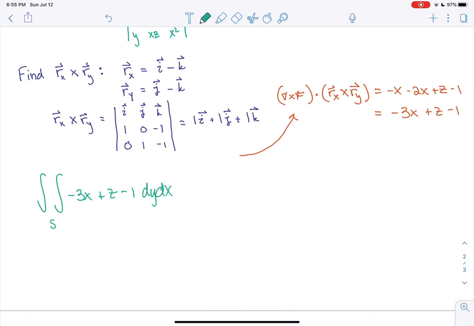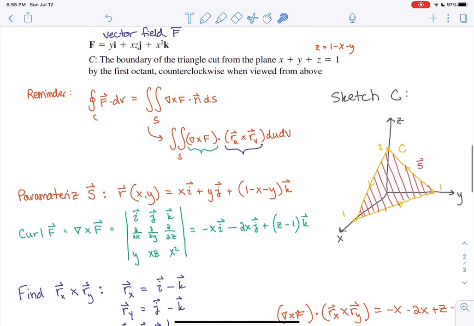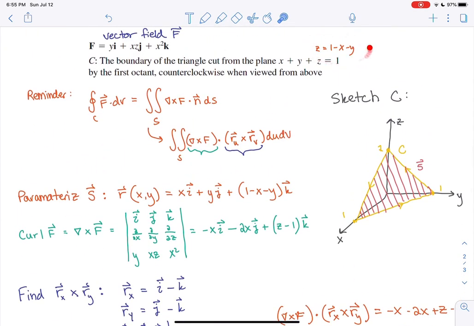Now remember, because our variables of integration, because of our parameterization, are x and y, we need all the variables in the integrand to also be x's and y's. So we need to get rid of this z, but thankfully we have an equation that relates z to our parameters, right? Z is equal to 1 minus x minus y.